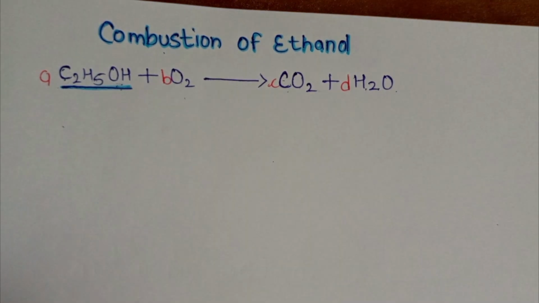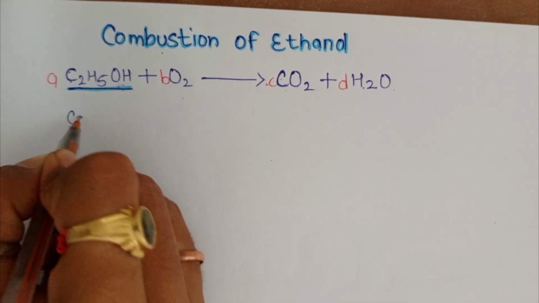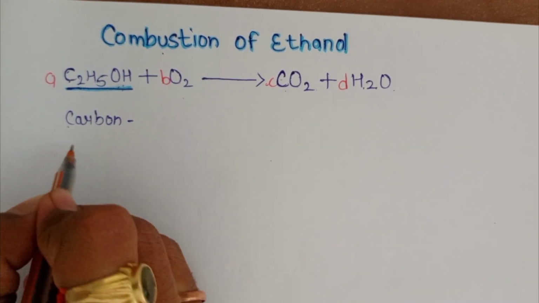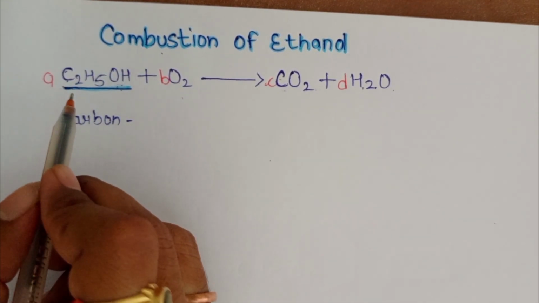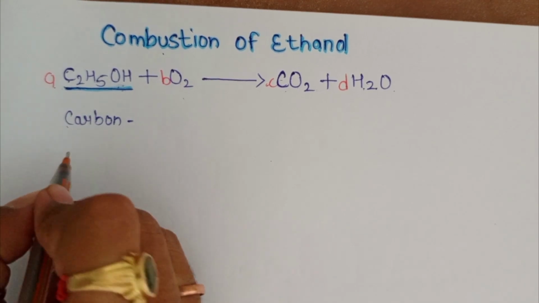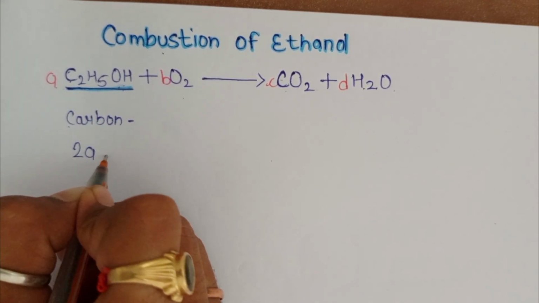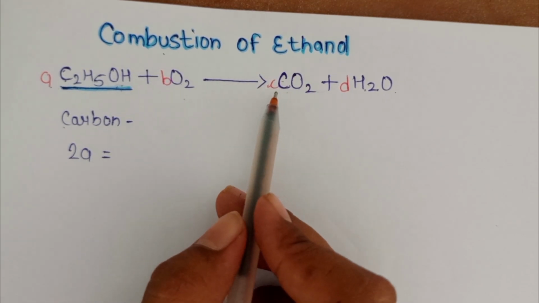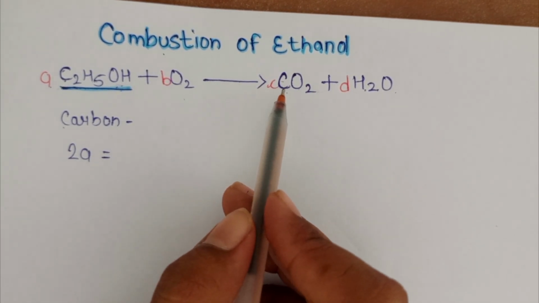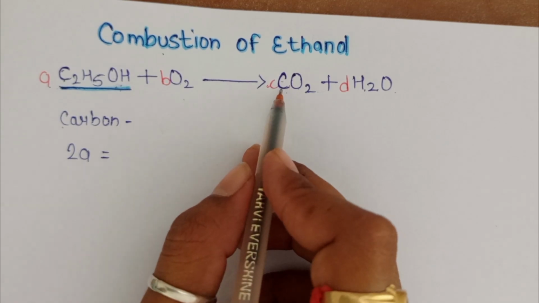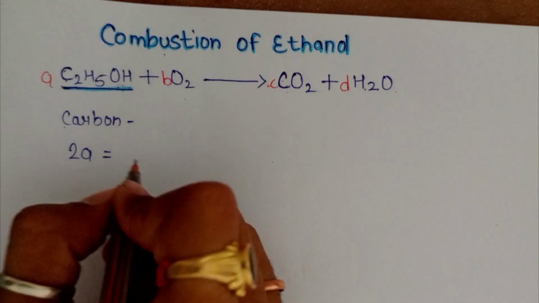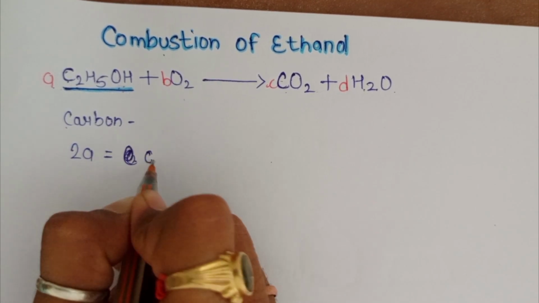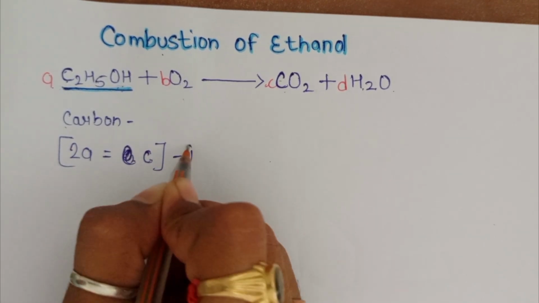So now write the equations, first for carbon. For the carbon, we have 2 carbon atoms on the left hand side and the coefficient is A, so 2A, which should be equal to the product side. Here there is 1 carbon atom and the coefficient is C, so it is equal to C. We will give it equation number 1.